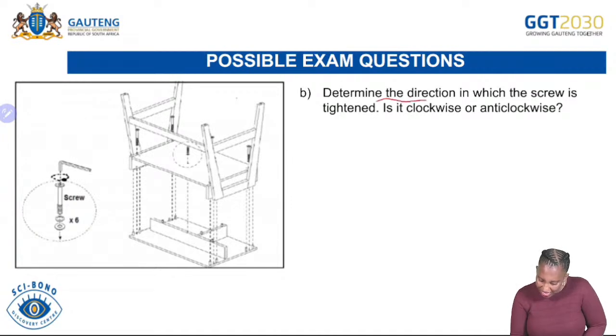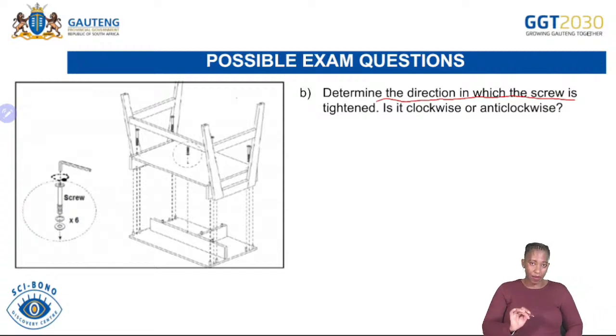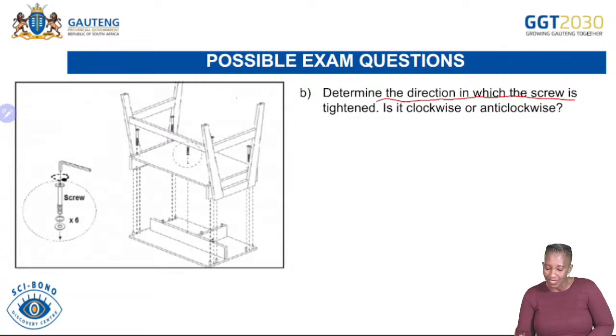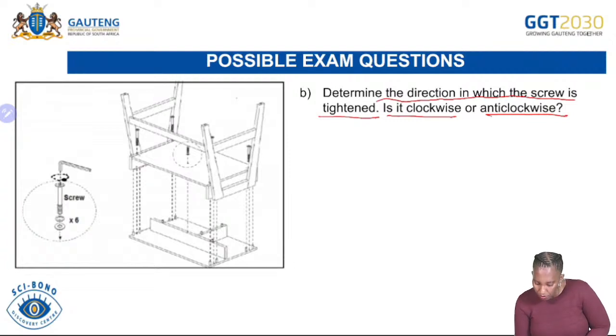Remember, this topic falls under maps, plans, and other representations. It says determine the direction in which the screw is tightened. Is it clockwise or anti-clockwise? Boys and girls, let me quickly draw a clock for you.